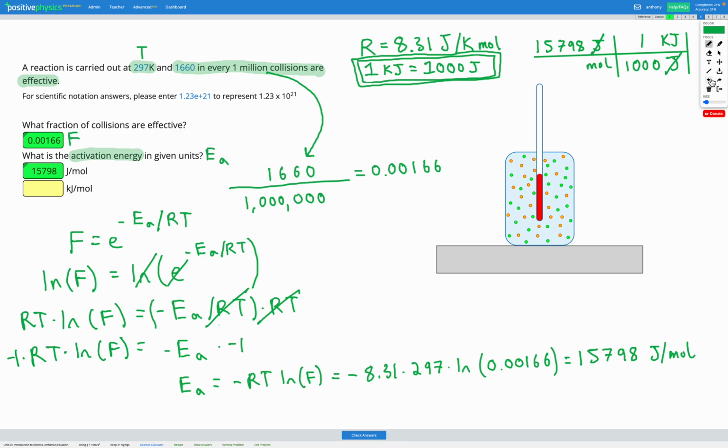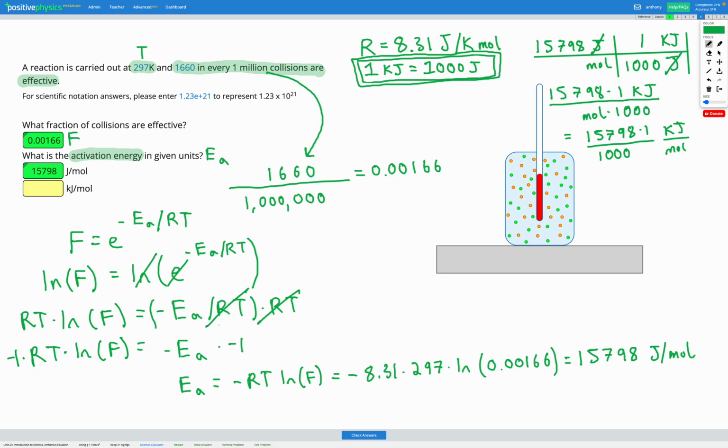And we're left with 15,798 multiplied by 1 kilojoule. And on the bottom, we have moles multiplied by 1,000. So our unit we're left with is kilojoules per mole. And to calculate that, it's going to be 15,798 multiplied by 1 divided by 1,000 kilojoules per mole.